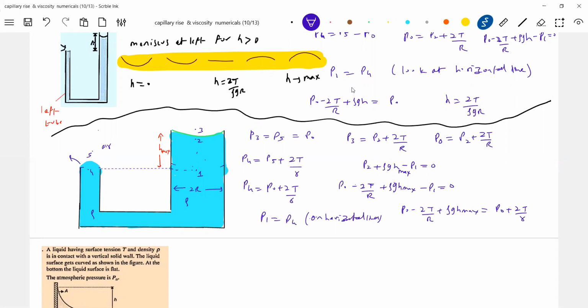So the value of h max: P naught gets cancelled, so h max equals 2T over rho g times 1 by capital R plus small r. This will be our answer.